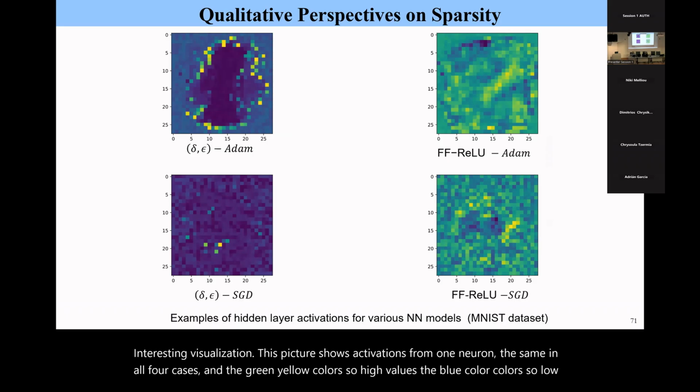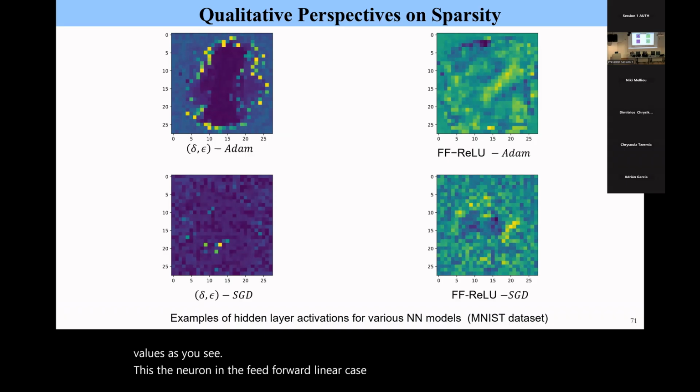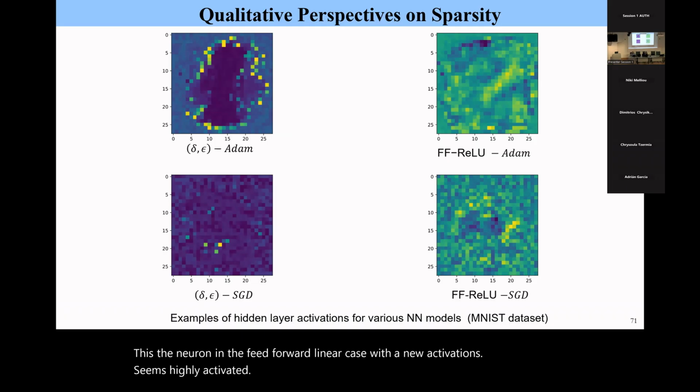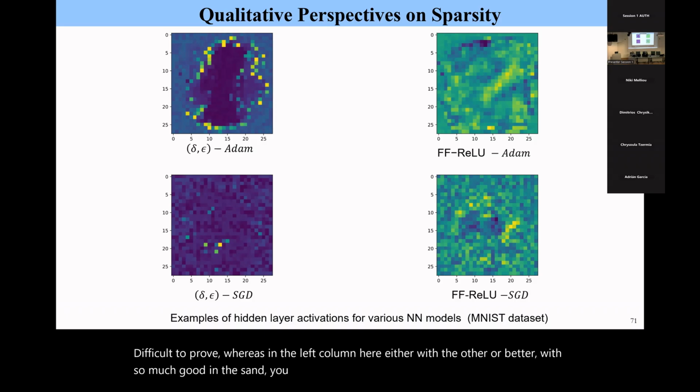And as you see, the neuron in the feed-forward linear case with ReLU activations seems highly activated and difficult to prune, whereas in the left column here, either with ADAM or better with stochastic gradient descent, you see that very, very few cases have high values, so it can be easily pruned.